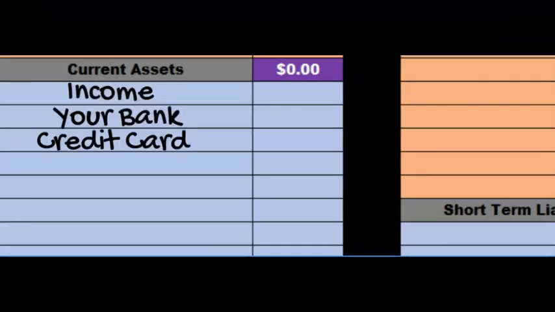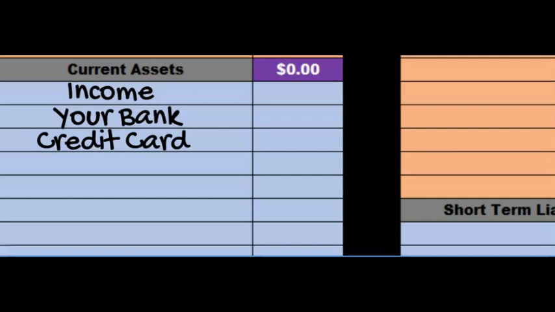Current assets would be income. If this was a business, it would be the revenue they're producing. Understand that part of looking at our family like a business is that in some cases we're going to have to use creative imagination. Throughout this whole series, creative imagination is being used quite a bit, even if you're not really recognizing it.